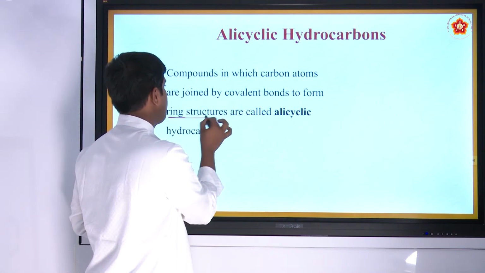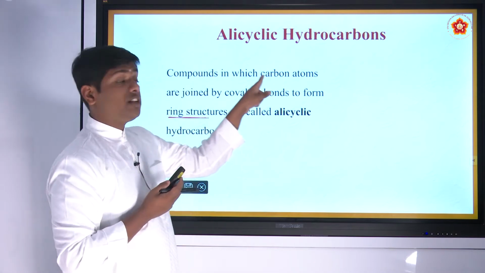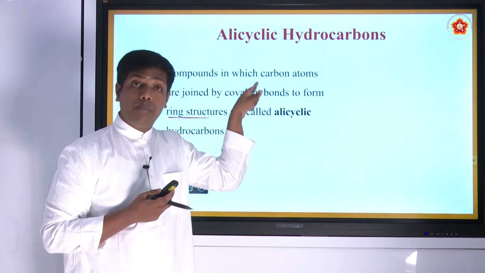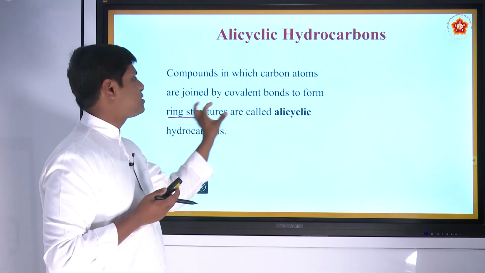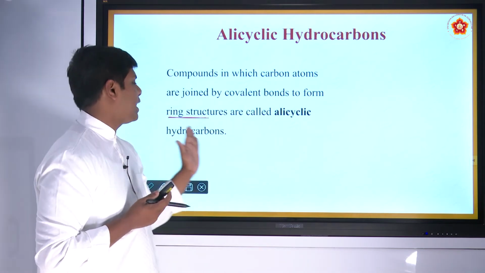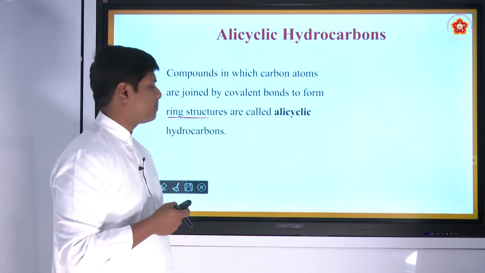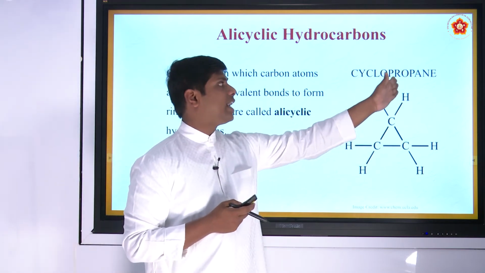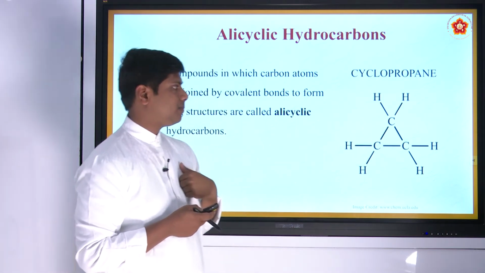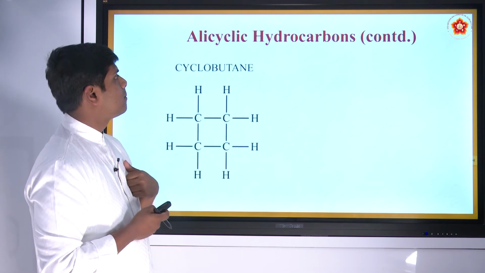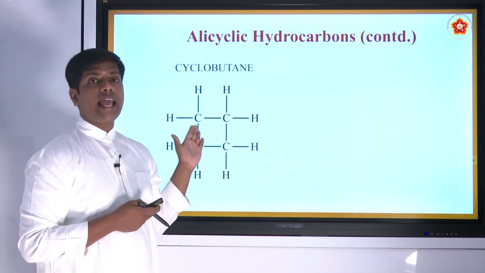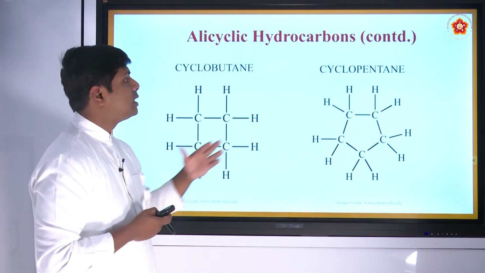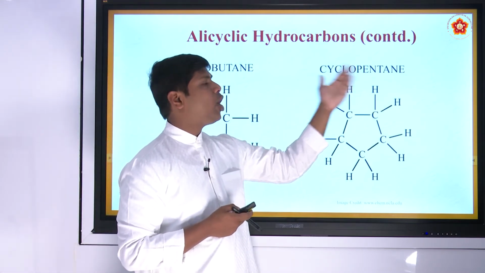This point is very important. This is the example of cyclopropane. This is the example of cyclobutane. We will draw the structures. This is the example of cyclopentane.